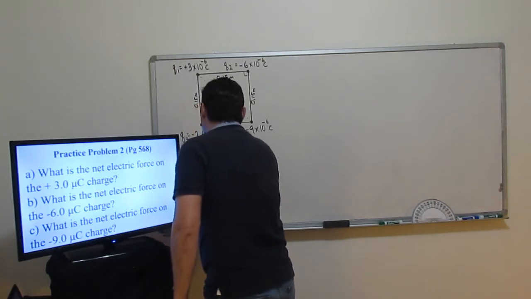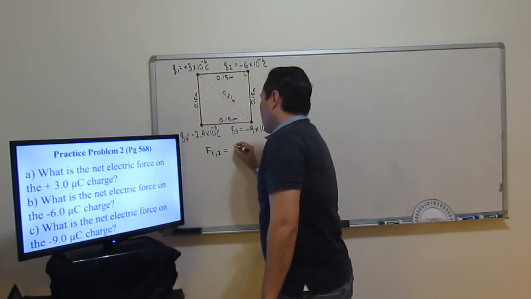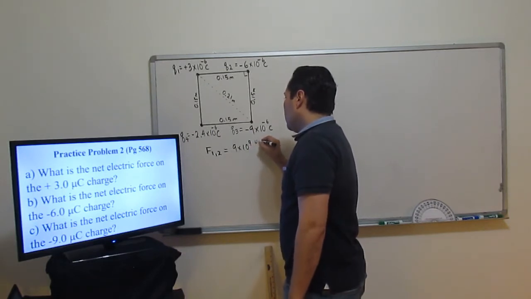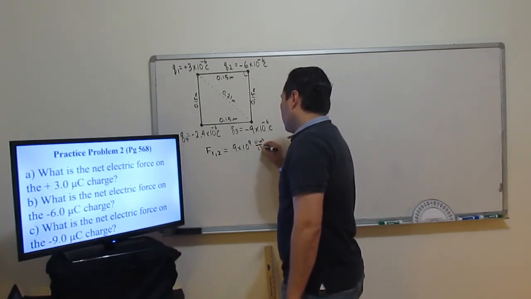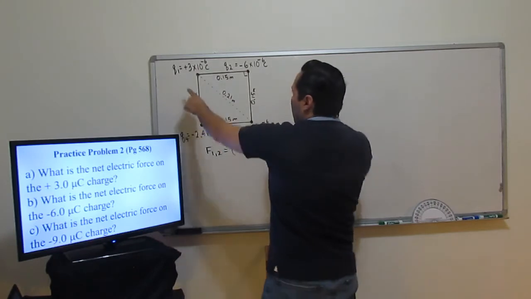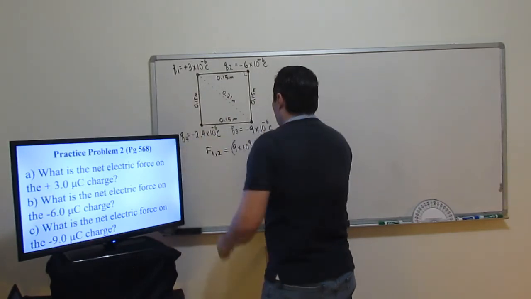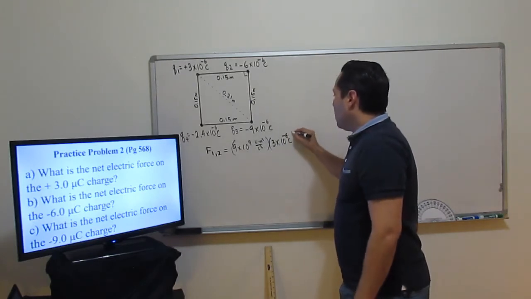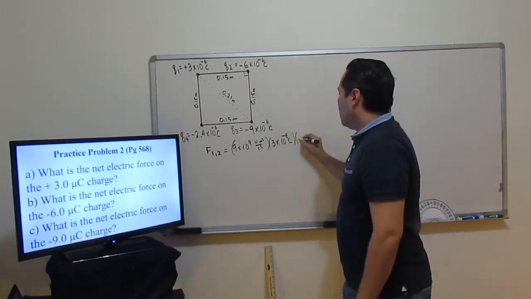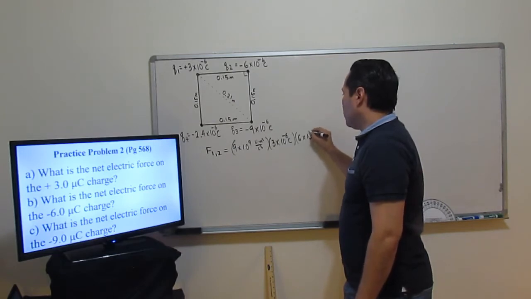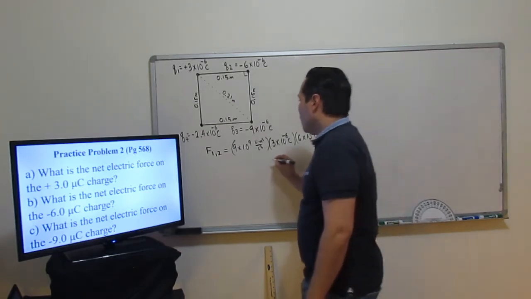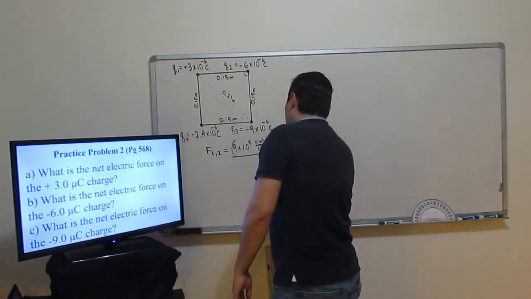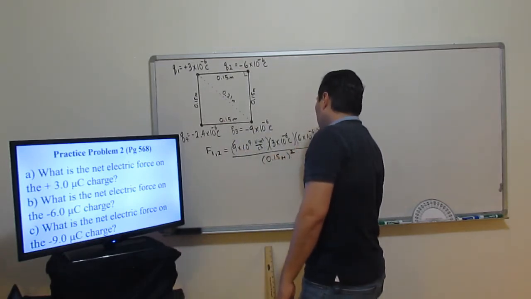Force between 1, 2 is Coulomb's constant, 9 times 10 to the 9 newtons meter squared over coulomb squared, multiplied by the charges, 3 times 10 to the negative 6 coulombs times 6 times 10 to the negative 6 coulombs, over their distance, which is 0.15 meters squared.